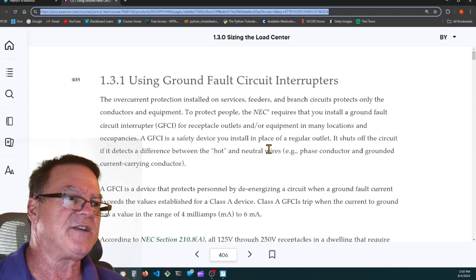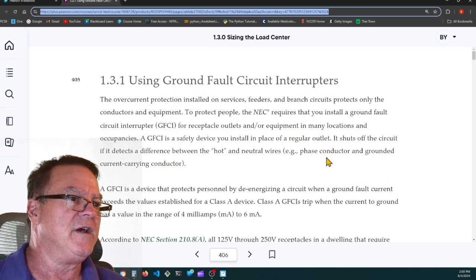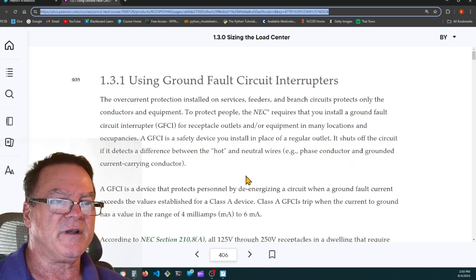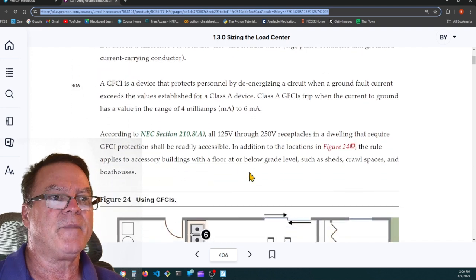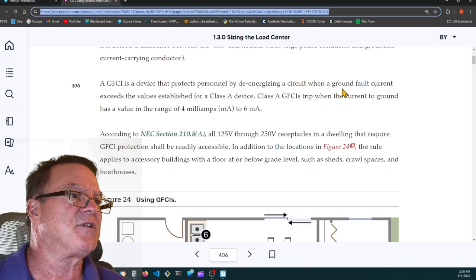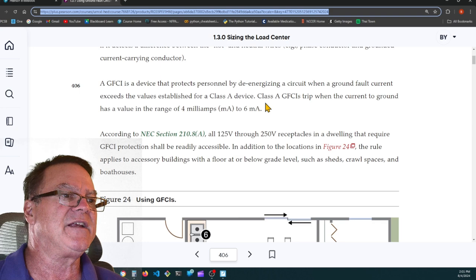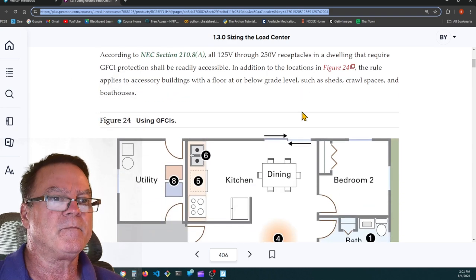GFCI is a safety device you install in place of a regular outlet. It shuts off the circuit if it detects a difference between the hot and neutral wires. An example, the phase conductor and the grounded circuit current carrying conductors. A GFCI is a device that protects personnel by de-energizing the circuit when a ground fault current exceeds the values established for a Class A device, which is 6 milliamps.